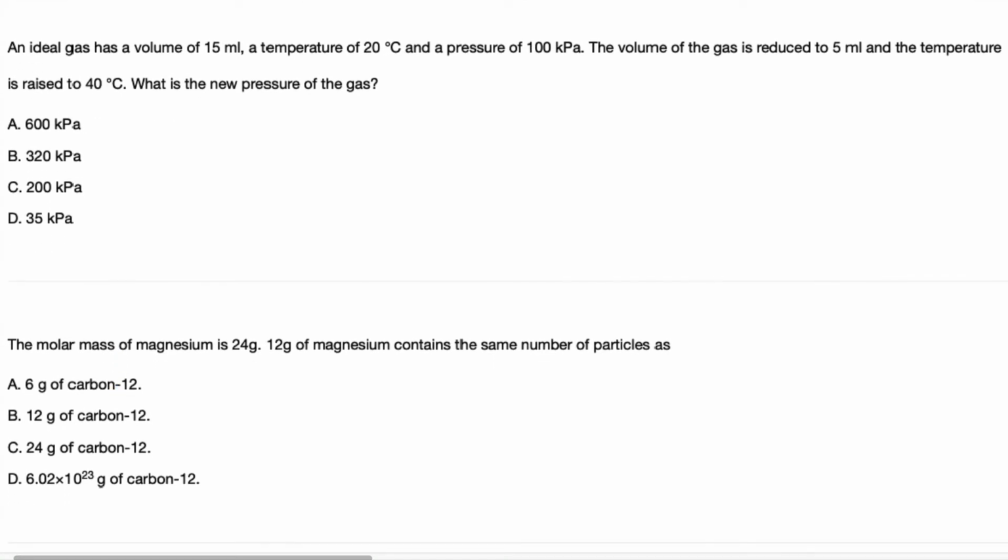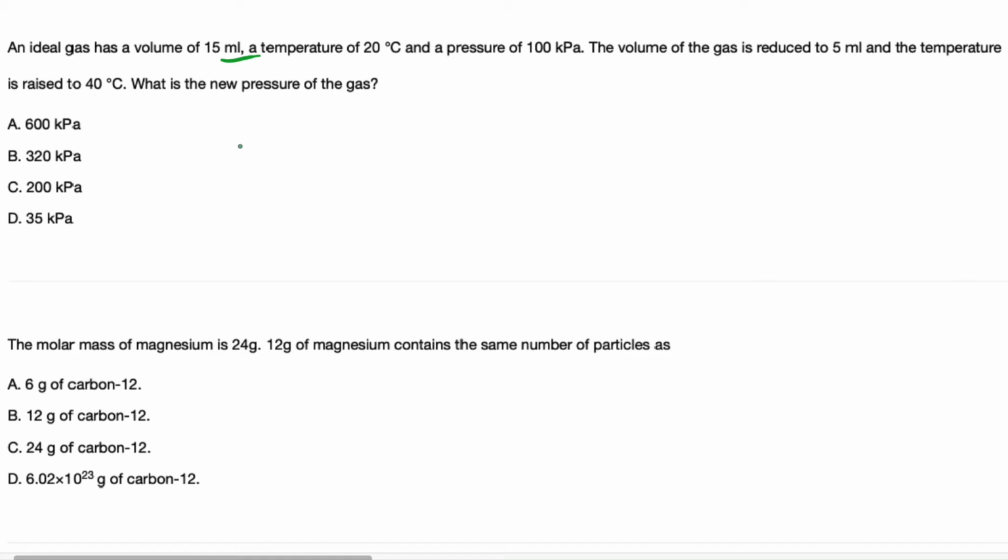An ideal gas has a volume of 15 milliliter, a temperature of 20 degrees Celsius, and a pressure of 100 kilopascal. The volume of the gas is reduced to 5 milliliter, and the temperature is raised to 40 degrees Celsius. What is the new pressure of the gas?